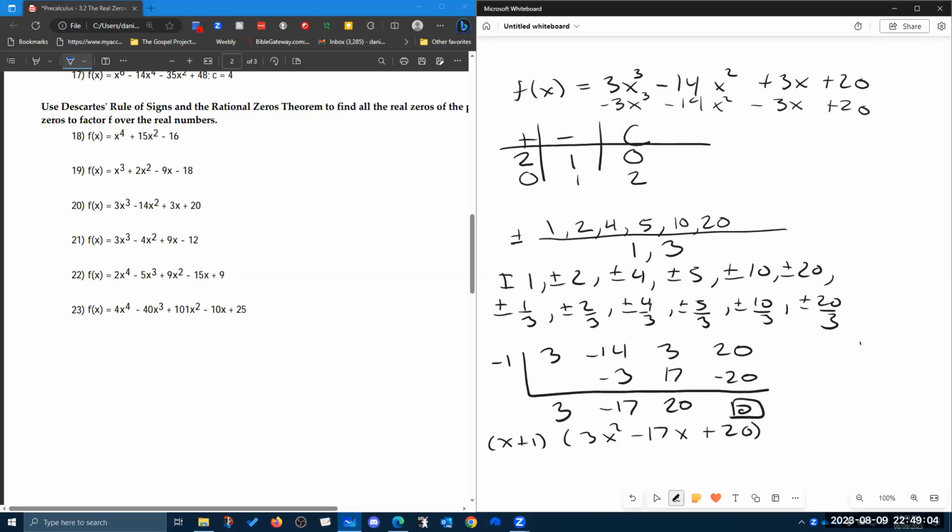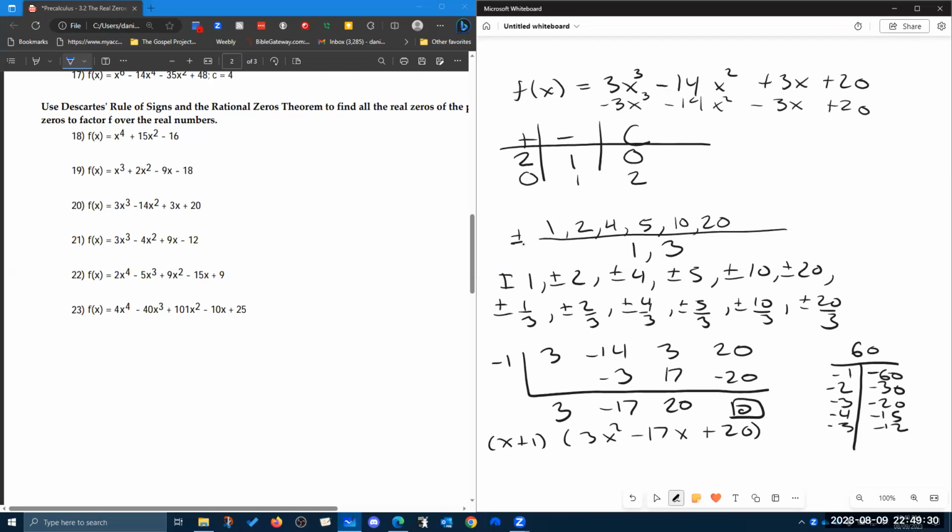Let's see. Factors of 60. They're going to add to be -17. -1, no. 60, -2 and -30, -3 and -20, -4 and -15, -5 and -12.